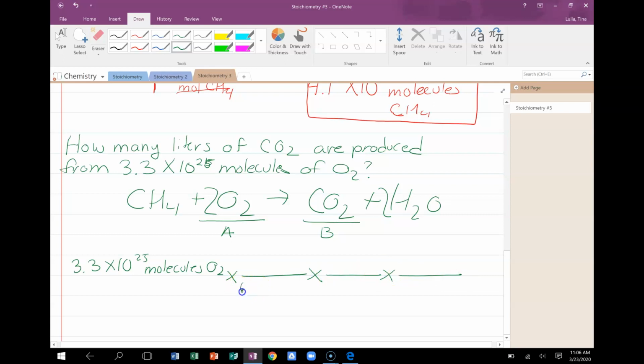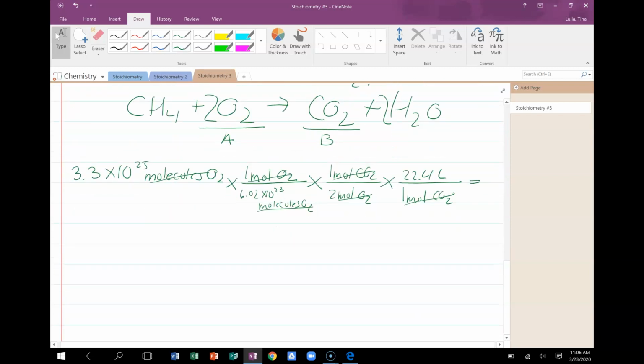Let's see. 6.02 times 10 to the 23rd molecules O2, 1 mole of O2. 2 moles. This is my mole to mole step. And now just to my liters. Molecules, moles O2, moles CO2, CO2.